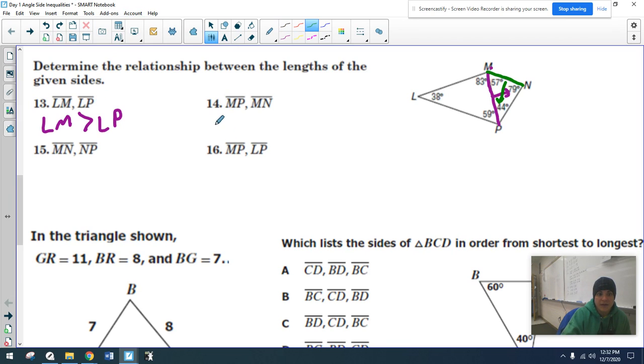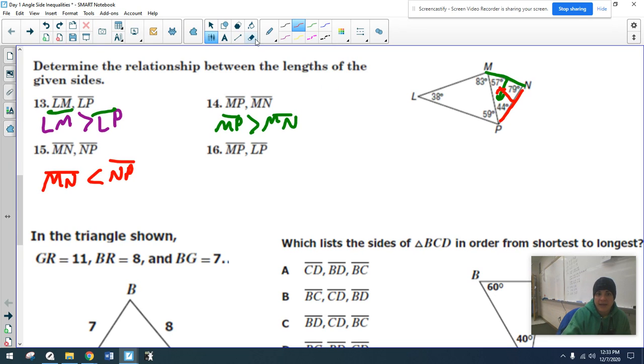So that's going to be MP is greater than. Okay, next, we're talking MN, so this one, which is across from the 44, compared to NP, across from the 57. So the green one is smaller because 44 is smaller than 57.